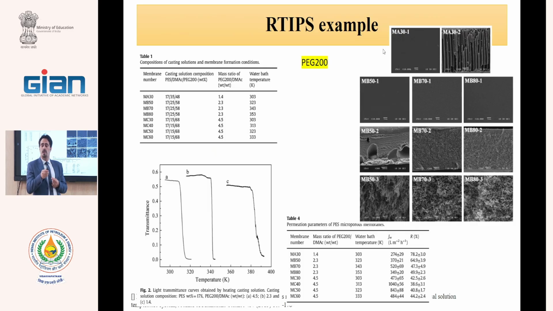Therefore, after membrane fabrication, we put the TIPS membrane in the coagulation bath to remove the solvent from the prepared membrane. The membrane is already solid, but to remove the solvent, we put it in the coagulation bath.